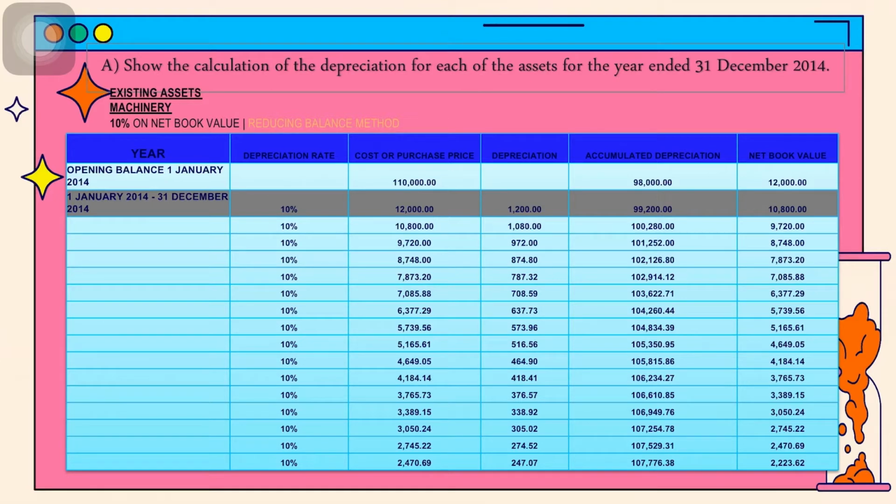First, 12,000 times 10%, you will get 1,200 for depreciation. For the following years, you take the previous net book value and multiply with the depreciation rate, and so on. For this, you just have to find it for 1 year.